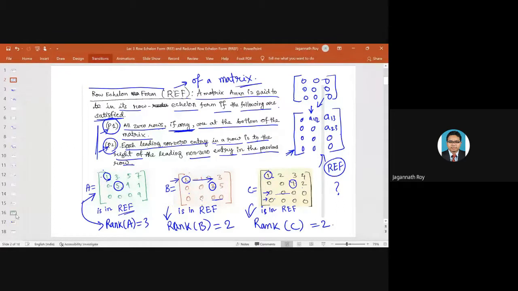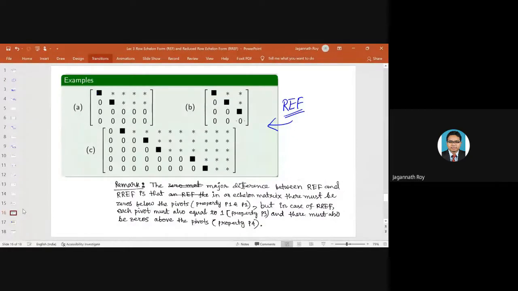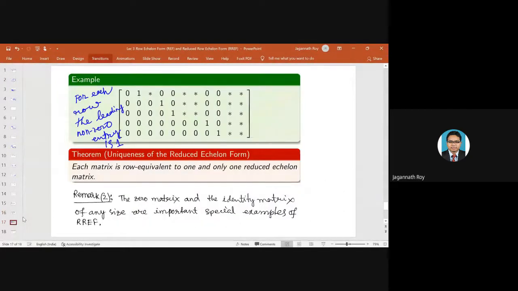But for RREF, it says the leading non-zero entry, some authors call it a pivot also.